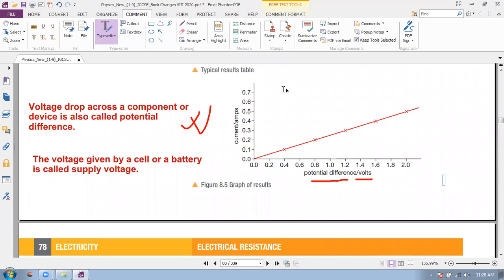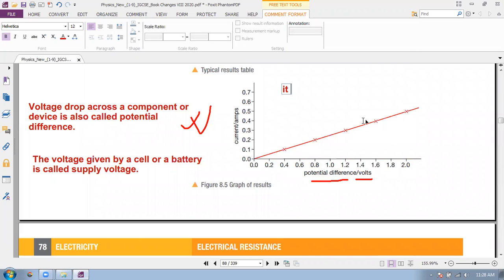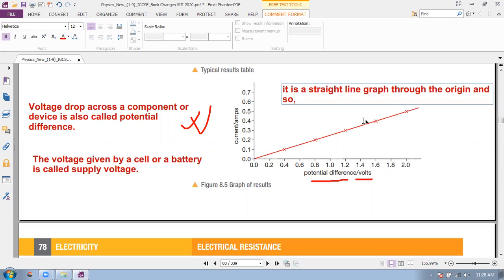So current is proportional to voltage for a piece of wire.